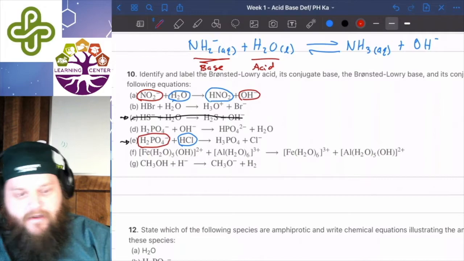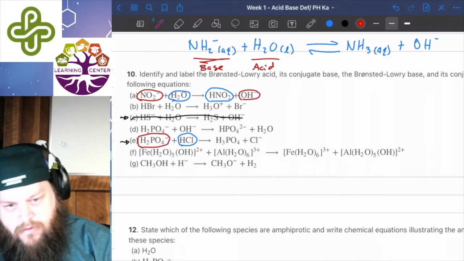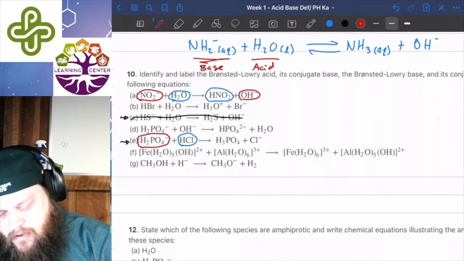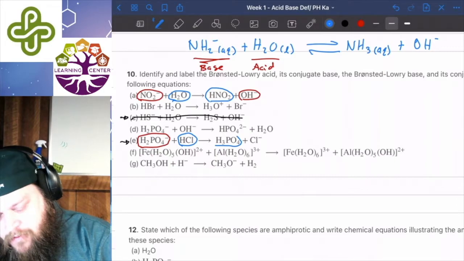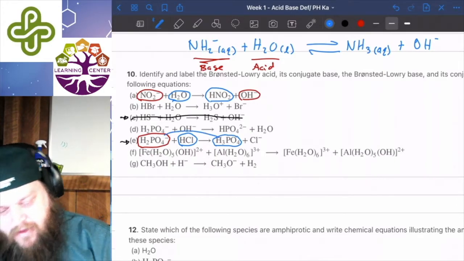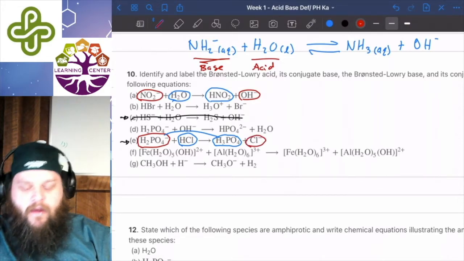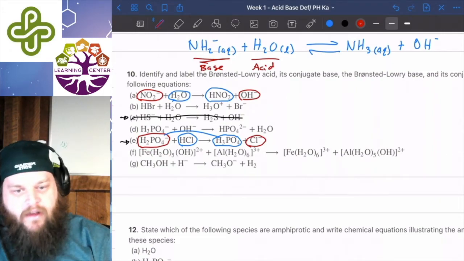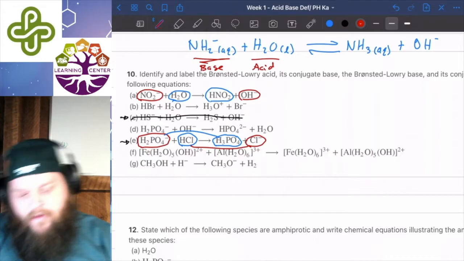It's easy to get those confused. Yeah, exactly. H3PO4 is our conjugate acid. So these two are connected to each other. Well, Cl minus, that's going to be the conjugate base to HCl. These two are going to be connected together.